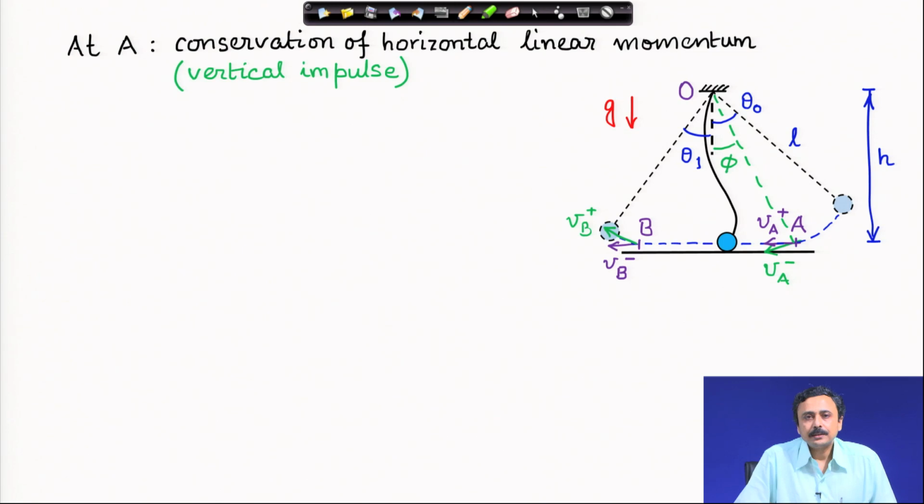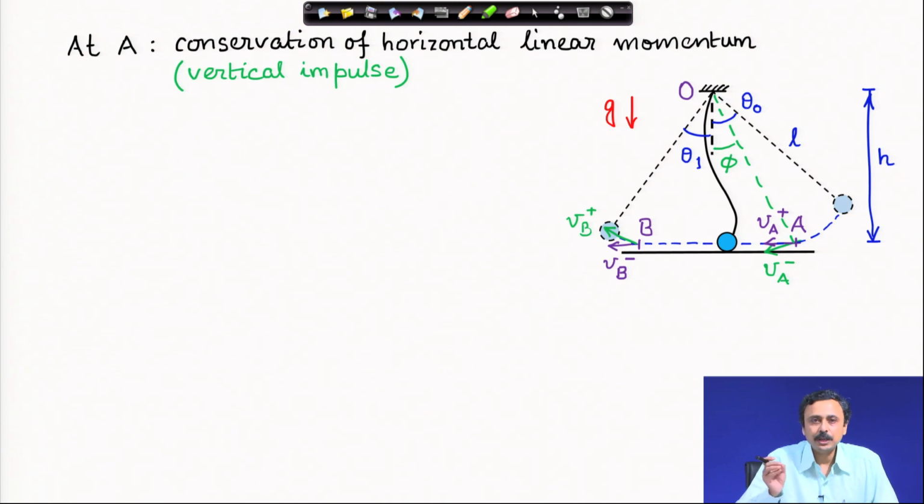Now, when it hits the ground, let us call that point A, as I have marked in the figure. The ground being frictionless, there is no horizontal force. Therefore, the linear momentum in the horizontal direction must be conserved, but there is a vertical impulse. What has happened?